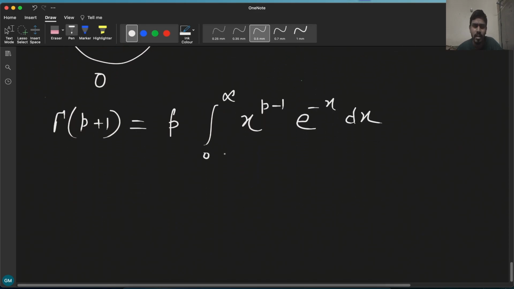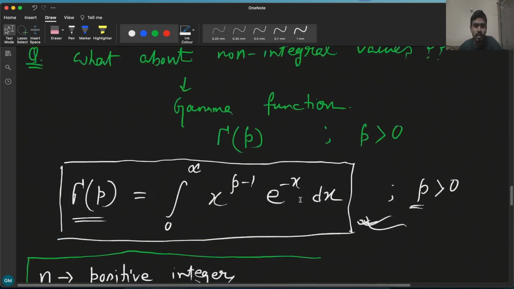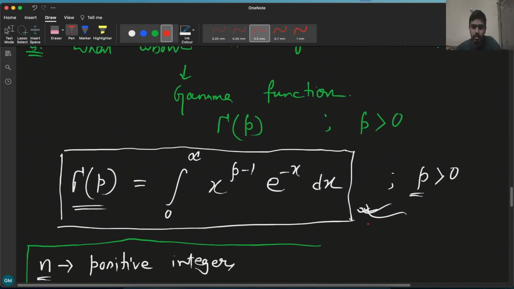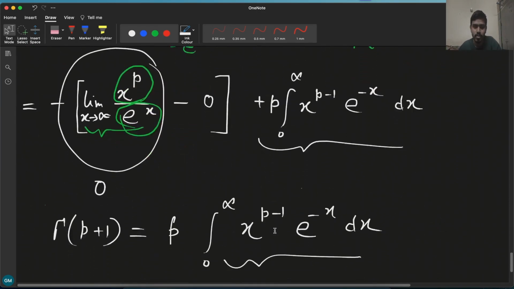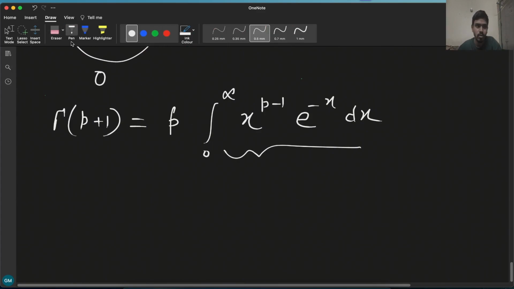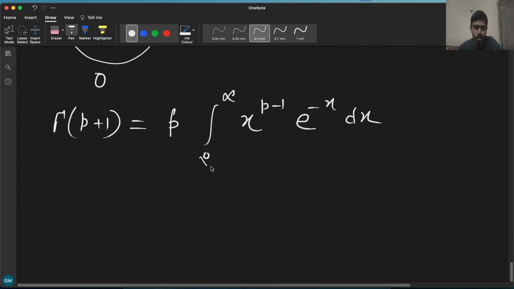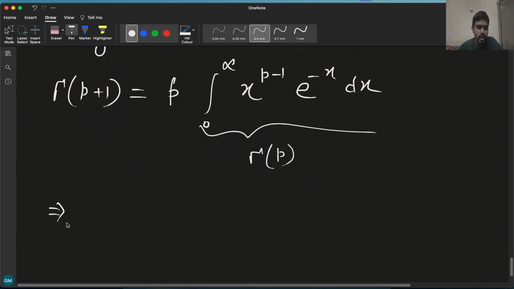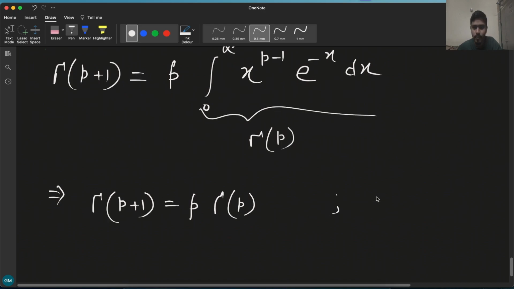Now if you look at this term, what is this? This whole integral is nothing but gamma p, just the definition, right? So what we are left with is gamma p plus 1 equals p times gamma p, where p can take any positive real value.